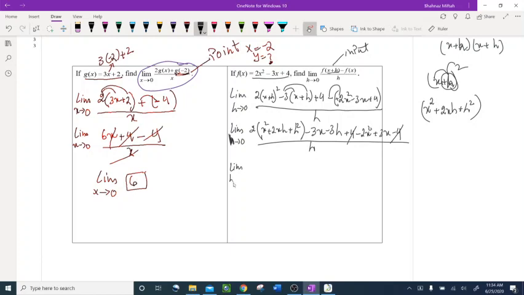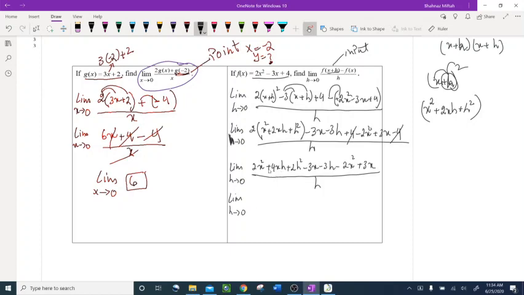Now I'm going to go limit as h approaches 0 again. Let's distribute that 2. So I'm going to go 2x squared plus 4xh plus 2h squared. Then I have minus 3x minus 3h minus 2x squared plus 3x, and the 4s I already canceled, all over h. I just canceled them because I didn't want that long thing, but you can do it later whenever you want. Limit as h approaches 0.